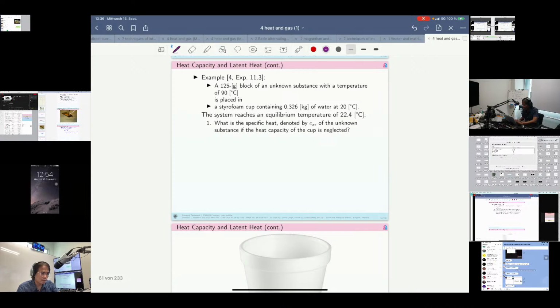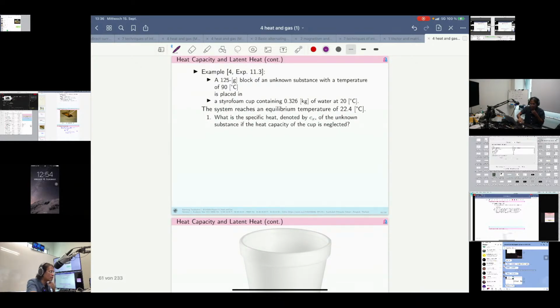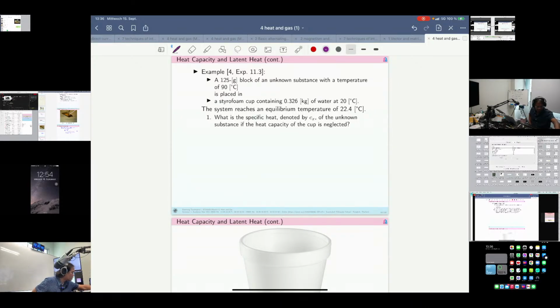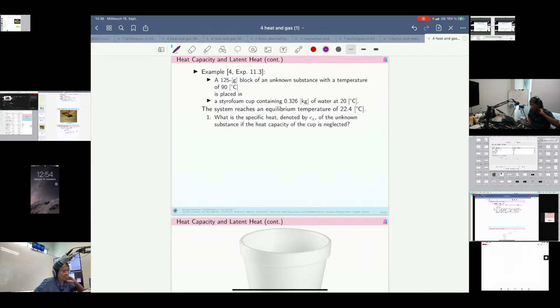Now we arrive at the next one. Last week, we dealt with the problem related to the calculation of specific heat, right? But this time we talk about the temperature increase, the temperature change.